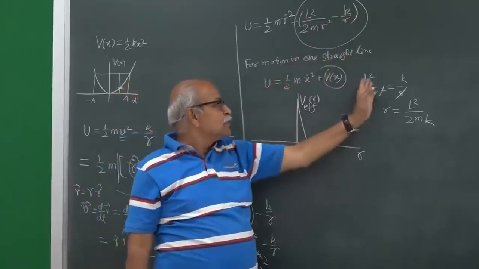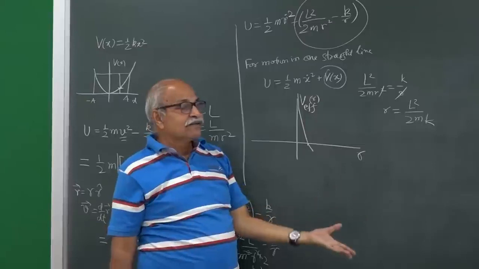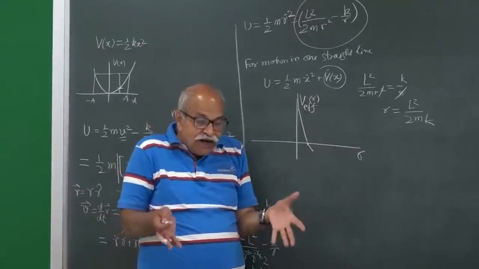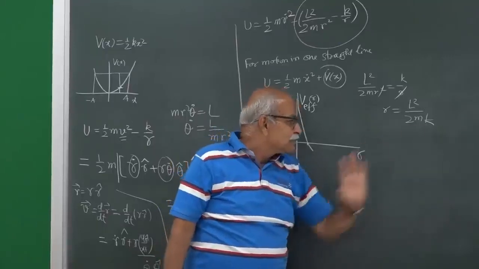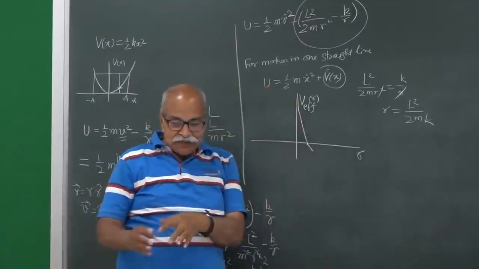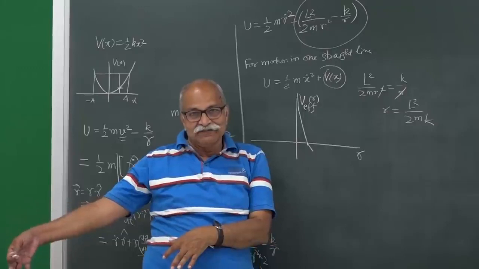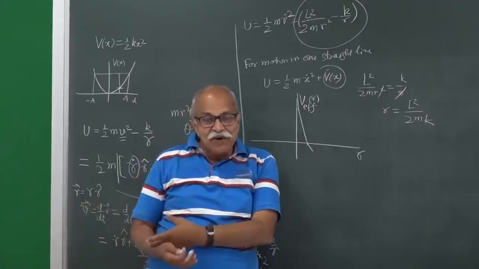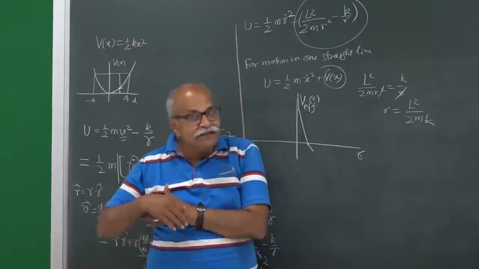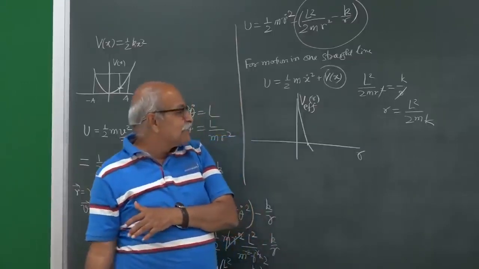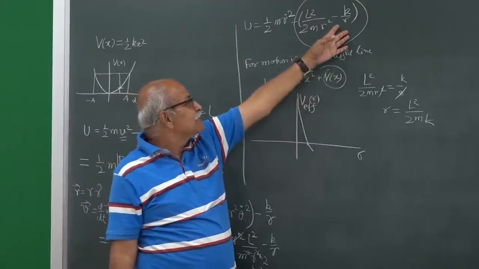These two terms are equal here, and after that, as r goes bigger, 1 by r becomes smaller, and 1 by r into 1 by r is still much smaller, and therefore the 1 by r term will keep dominating.